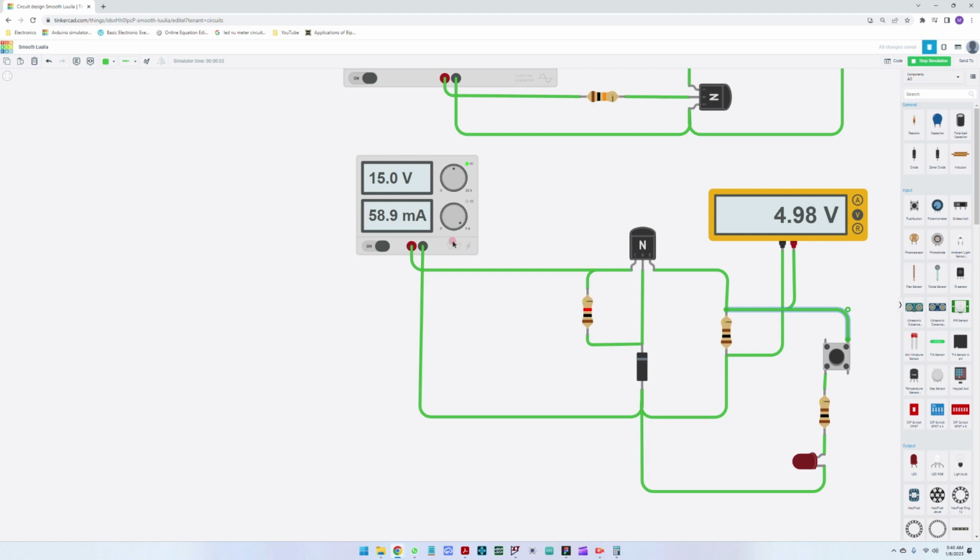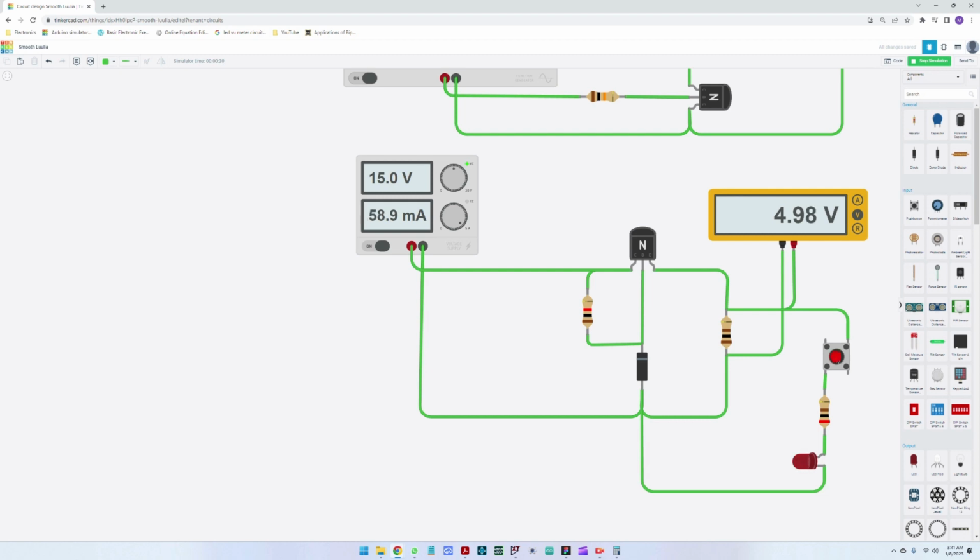So we have 58.9, and now we press the button and we have 86.9. Oh, and we get an error. I think that the resistor here is still too small. Let us put 200 ohm. Now you can see active load 20 milliamps, and the voltage level drops by 1 millivolt. So 1 millivolt, it's insignificant.